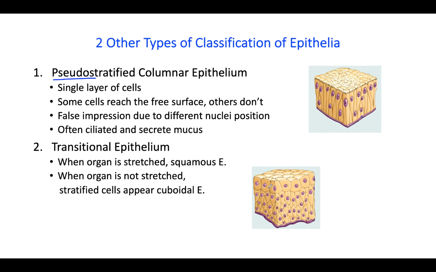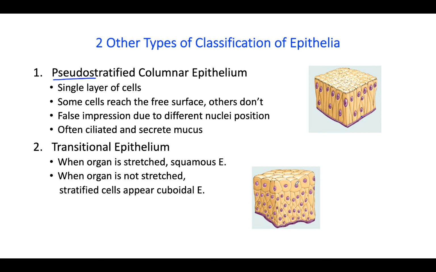Another type of classification of epithelia is transitional epithelium. Transitional means that, especially in this apical region, the epithelial cell changes its shape. Right now, it looks like a cuboidal epithelial cell. But when the organ is stretched, this cuboidal epithelial cell changes shape to a squamous epithelial cell.